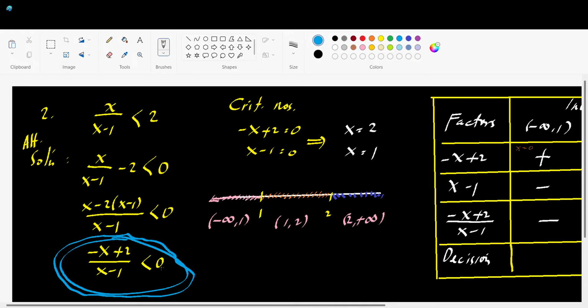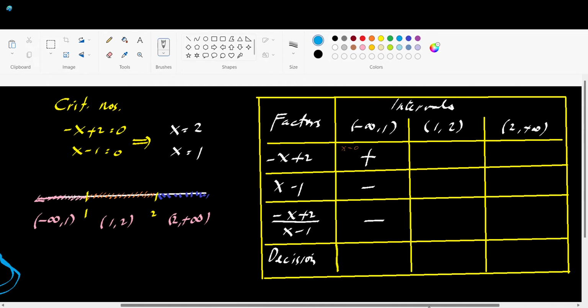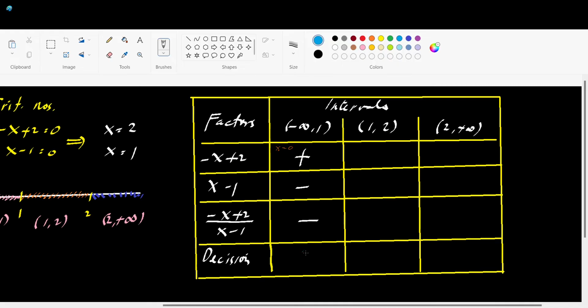Is a negative number less than 0? Yes. So if it is yes, then that means that the solution set contains the interval negative infinity to 1. So let's just put a check mark. That indicates that the interval negative infinity to 1 is in the solution set.